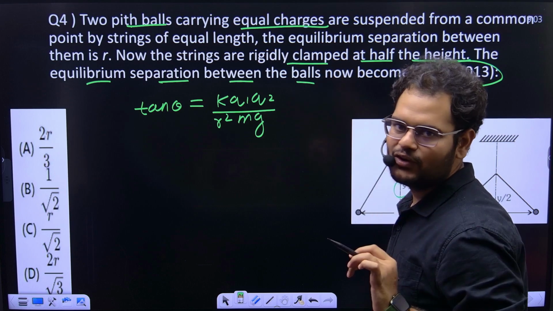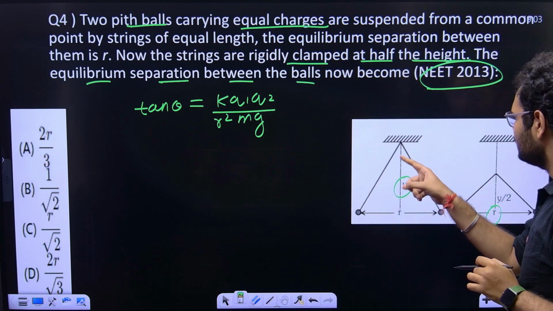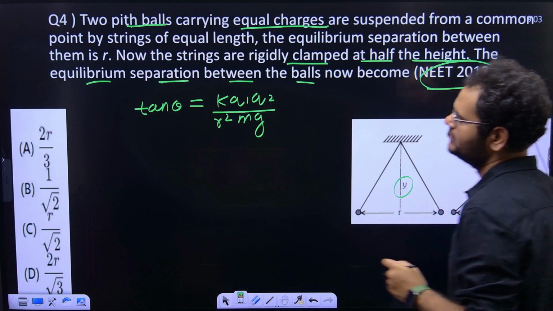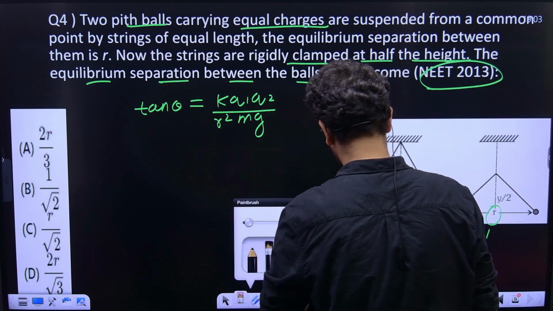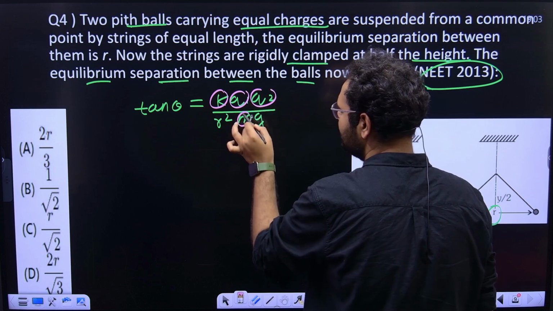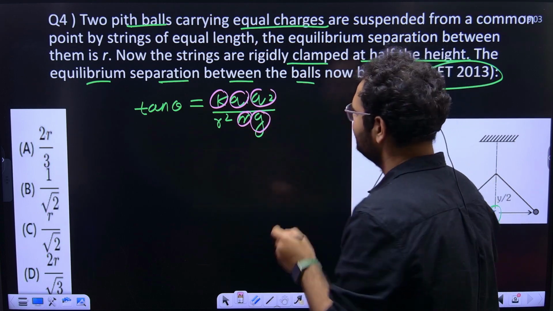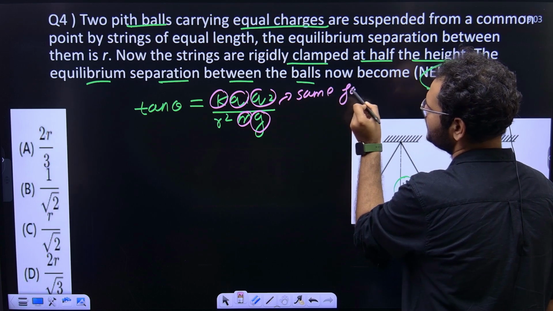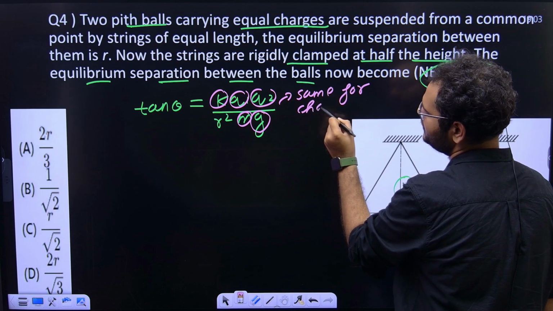Now what will be different for the two cases? Theta will be different, because R is different. K, Q1, Q2, m and g are the same for both charges, since they are identical, as given in the question.